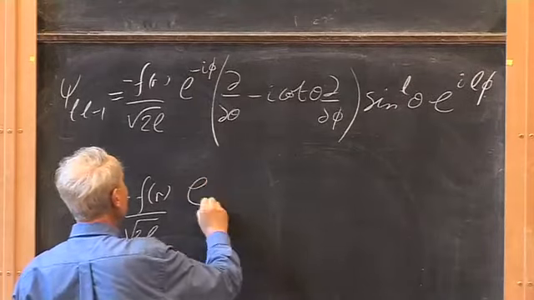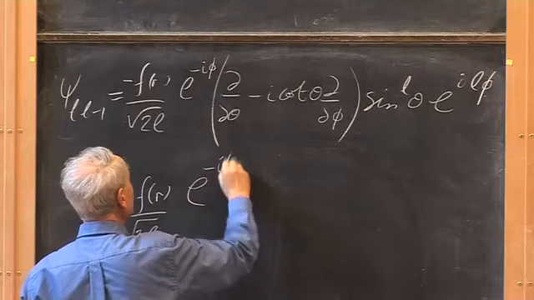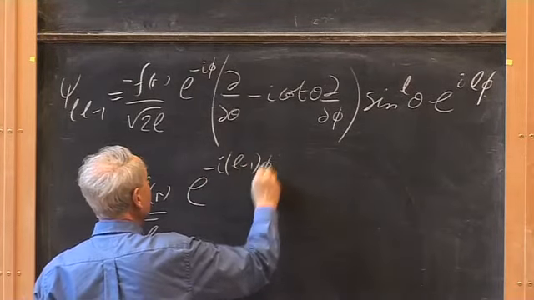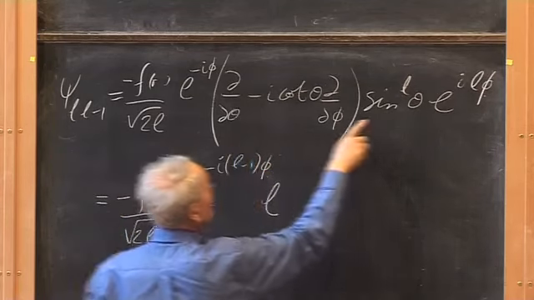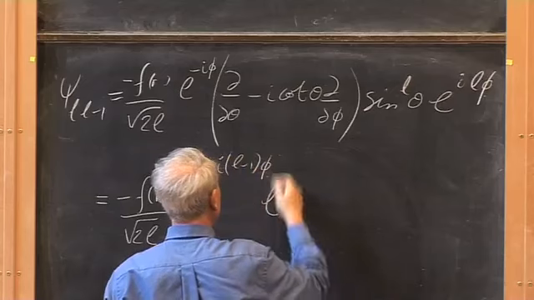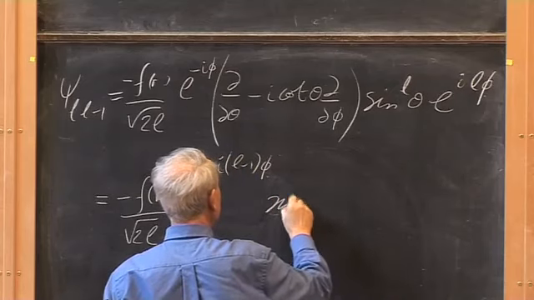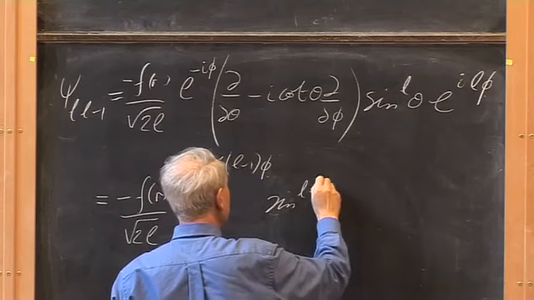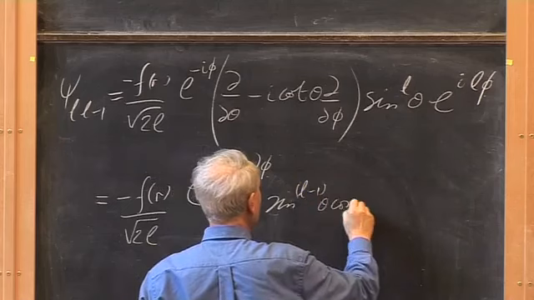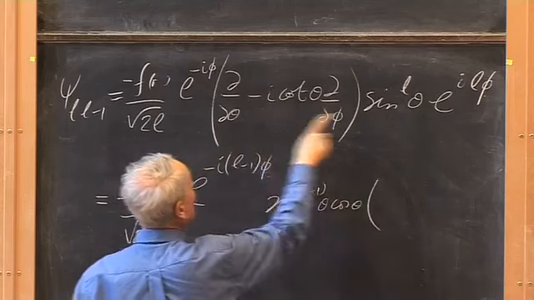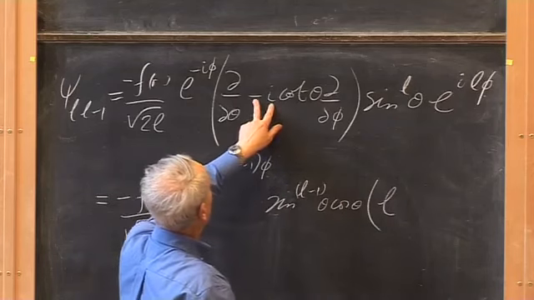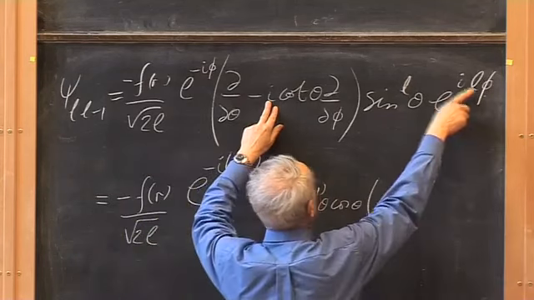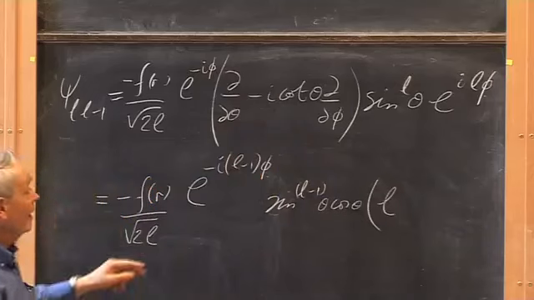times, everything's going to go like e to the minus i L minus 1 phi. And then from here, we're going to get an L. From here, differentiating that, we're going to get an L. Well, there's going to be a factor of sine to the L minus 1 theta cos theta. And how many of them? From here, we'll have an L, and from here, we're going to bring down an iL.